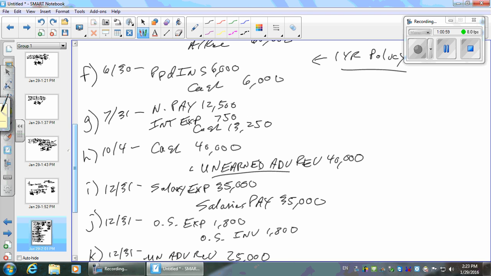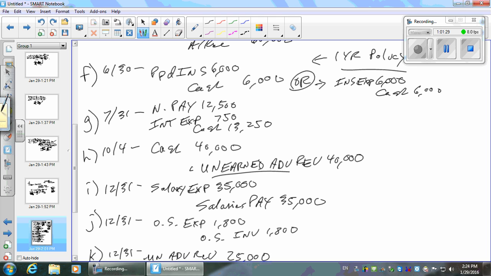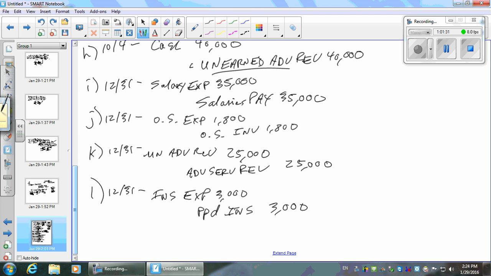Let's go back right over here, and let's change it. What could the entry have been instead? This is an or, right? We could have credited cash 6,000 and debited what? Insurance expense. But now we'd have 6,000 in insurance expense. It'd be 3 too high, wouldn't it? Everybody agree at the end of the year it'd be 3 too much? And we'd have no prepaid insurance. And it should be 3 higher, shouldn't it? So how would you get there? What would you do when you get down here at the end?